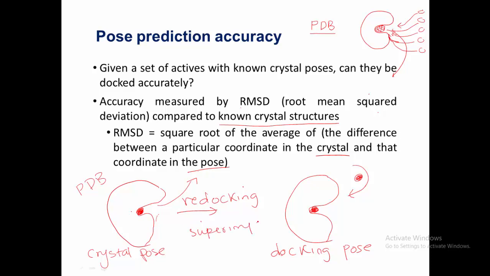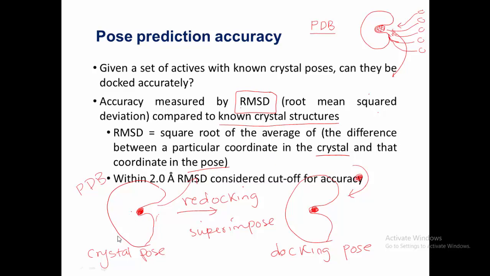When you superimpose them, you put them over each other, and the software will measure something called root mean square deviation. That means the deviation from each other. This root mean square deviation indicates the accuracy of the docking.